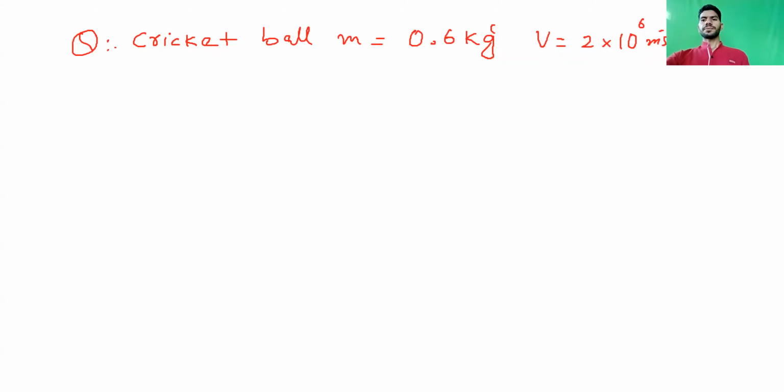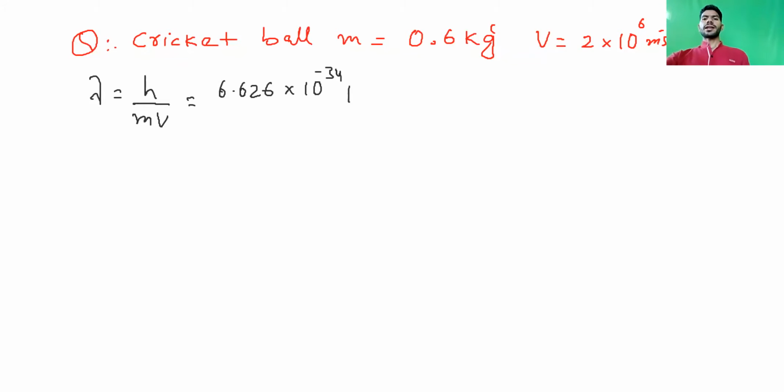Are you getting it? Can you then calculate the wavelength here? What will be the wavelength of this cricket ball? So we know that lambda is equal to h upon mv, mass into velocity. Now we know that h is the Planck's constant, that is 6.626 into 10 to the power minus 34 joule second.